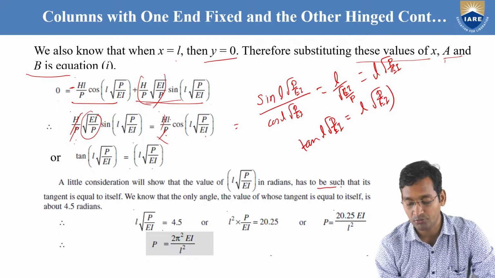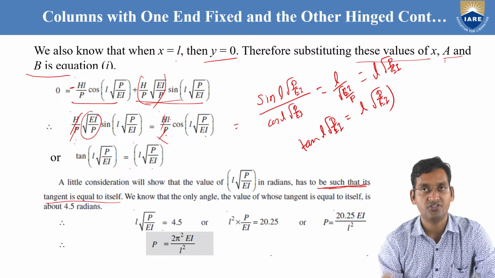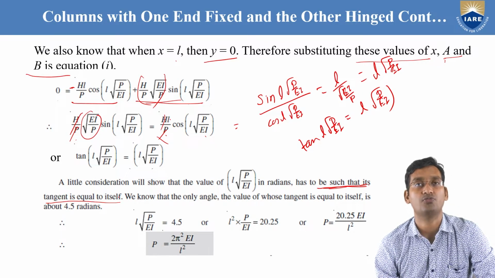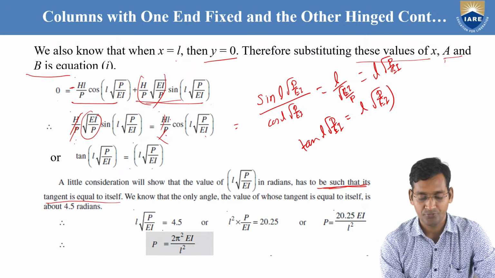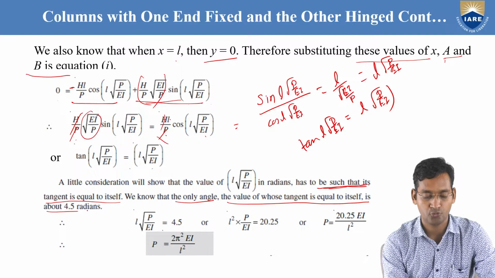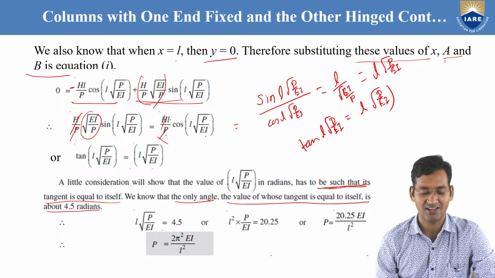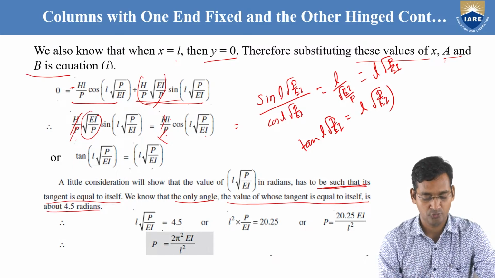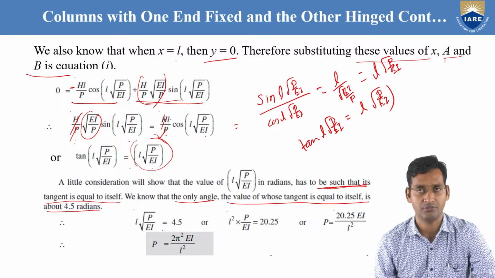This wording is very important: its tangent is equal to itself, and that happens around 4.5 radians. The only angle whose tangent is equal to itself is about 4.5 radians. So this value should be equal to 4.5.